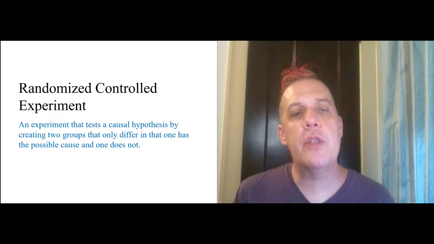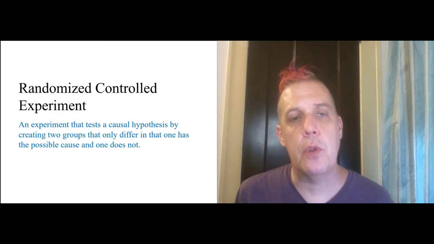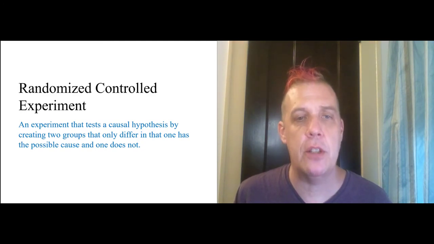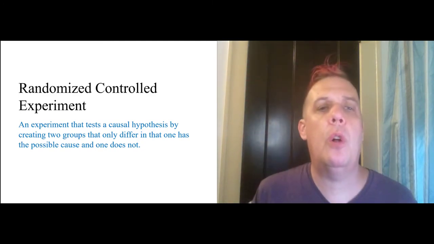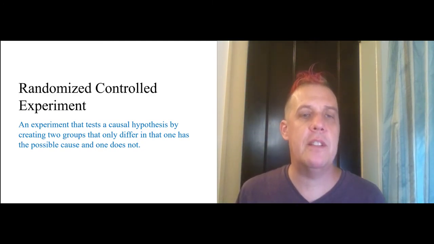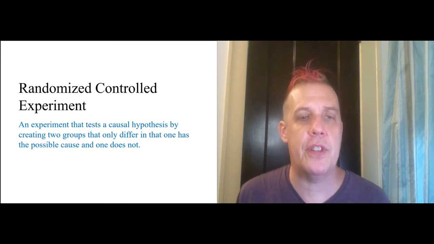A randomized controlled experiment is the central idea in the scientific method. It is how we connect models of the world to the parts of the world they are taken to represent. A randomized controlled experiment is meant to test a causal hypothesis, a claim that one thing causes another.